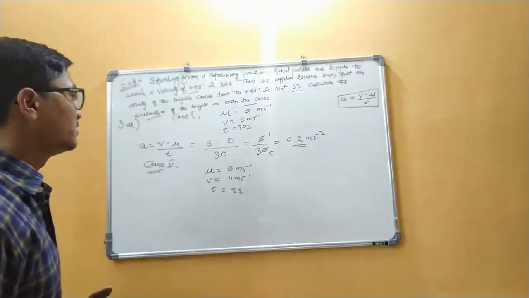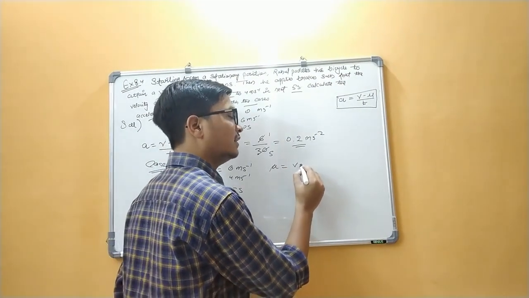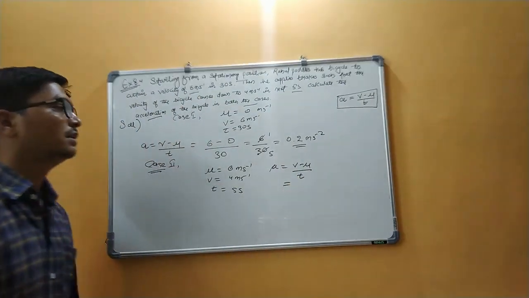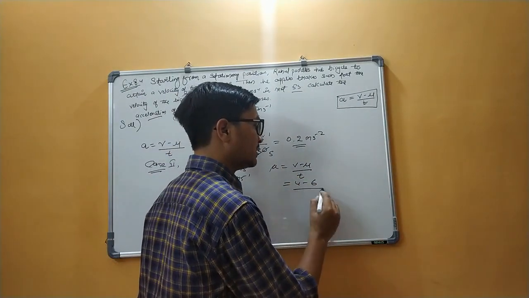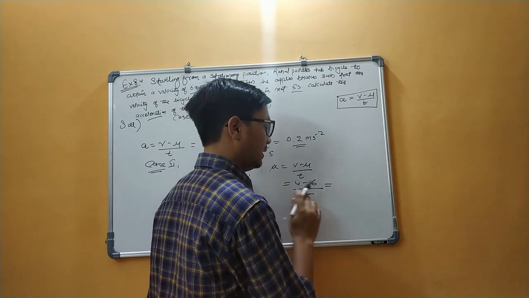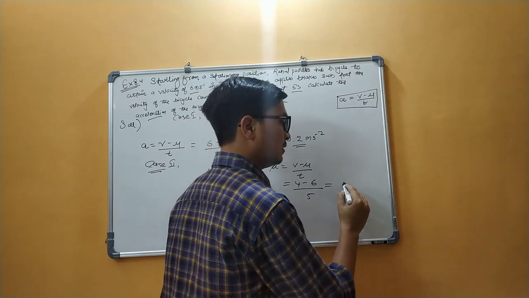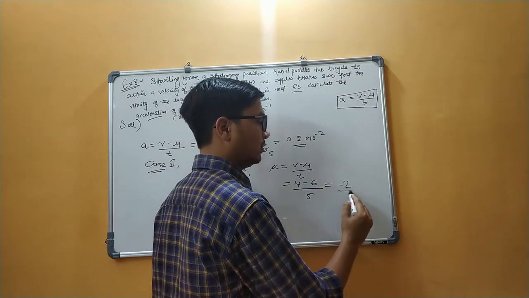So what is the formula for acceleration? The acceleration formula is final velocity minus initial velocity upon time taken. The final velocity is 4 meters per second minus 6 meters per second upon 5. 4 minus 6 is minus 2, since the greater number has the minus sign, so minus 2 upon 5.